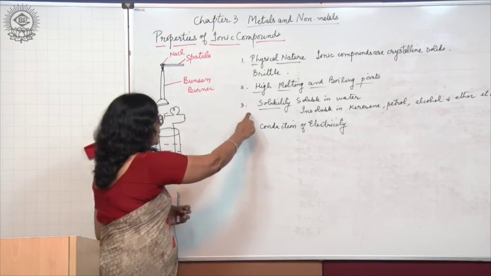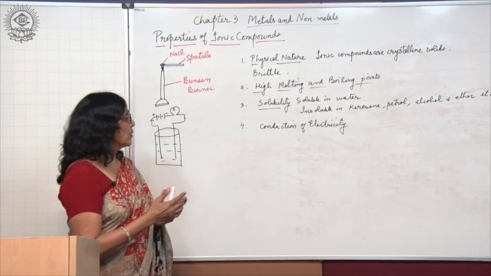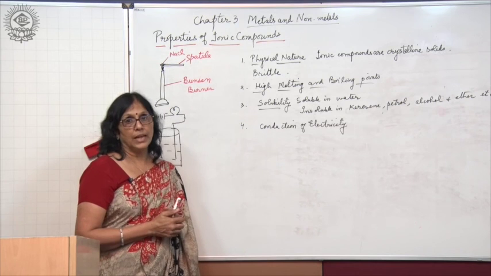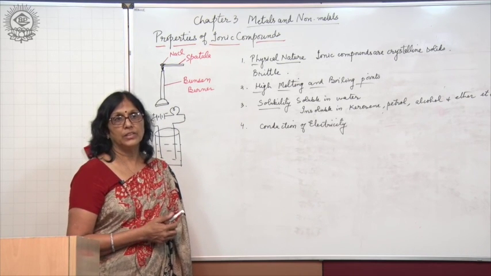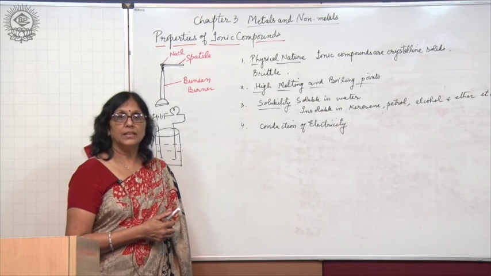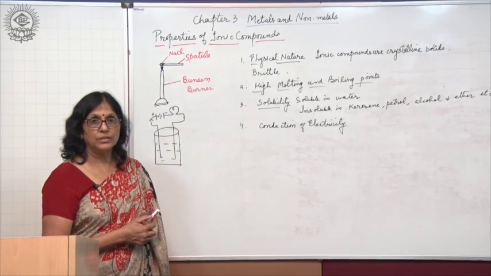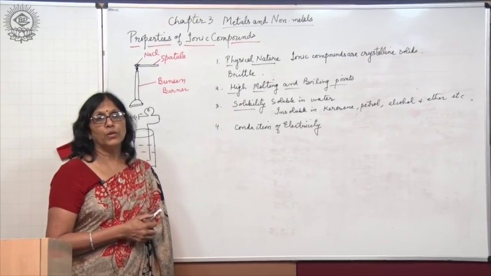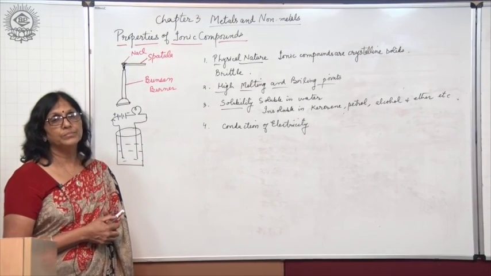Another property is solubility. This activity can also be performed in the lab. Different ionic compounds are taken, like NaCl, KCl, MgCl2, and their solubility is seen in water and also in organic solvents like alcohol or ether, which are available in the lab.